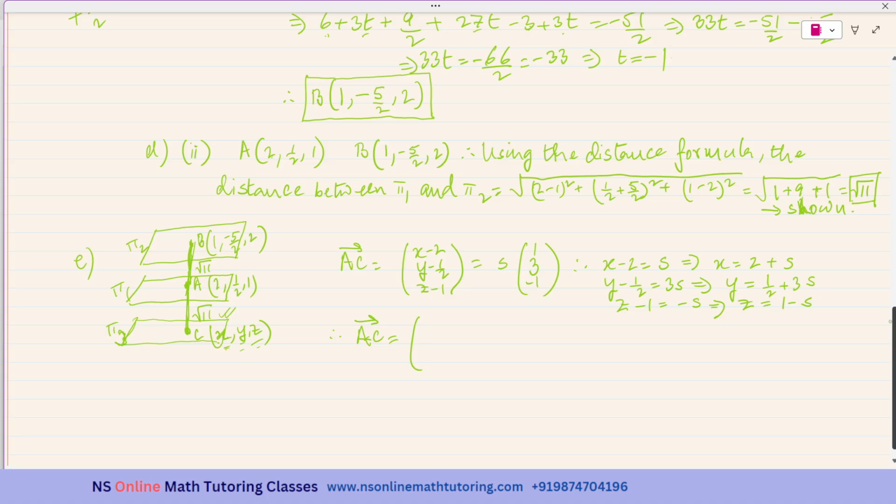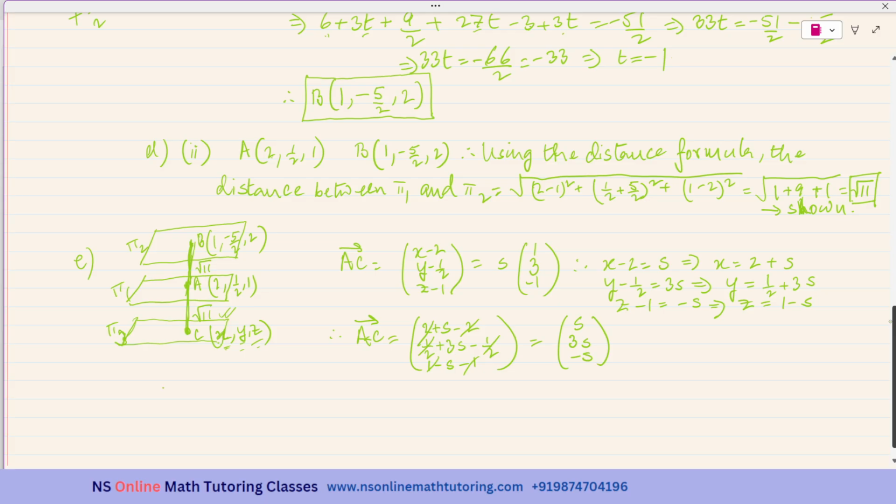So, in place of x, I'll be writing 2 plus S minus 2. In place of y, it is half plus 3S minus half. And in place of z, it is 1 minus S and minus 1. So these two cancel, and these two cancel. So this is equal to S, 3S and minus S.